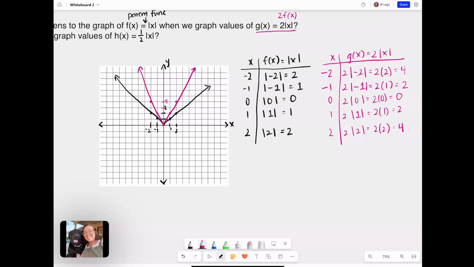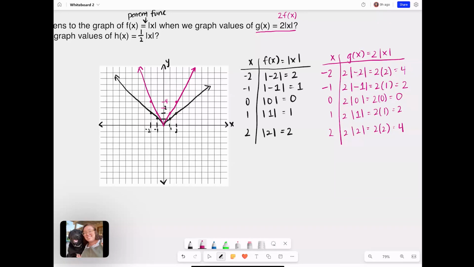We'll give this a formal name in a little bit, but notice that multiplying by 2 actually caused this function to grow a little bit faster. Its points went from 0, 0, and then when we plug in the 1s, instead of remaining at the 1 output value, they jumped up to 2. And when we plugged in the 2s, instead of remaining at the 2 output value, they jumped up to 4.